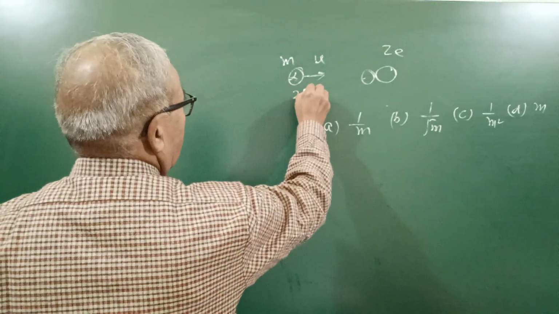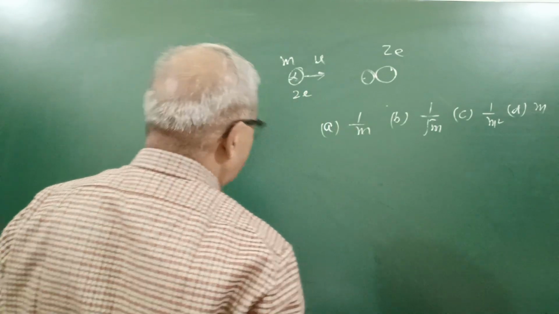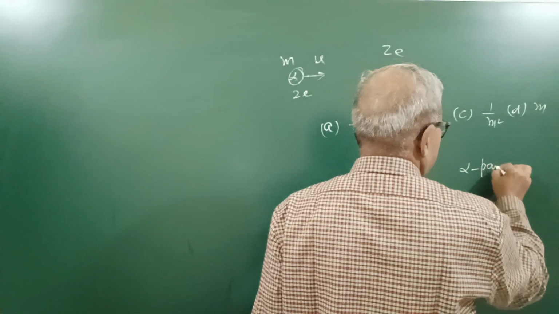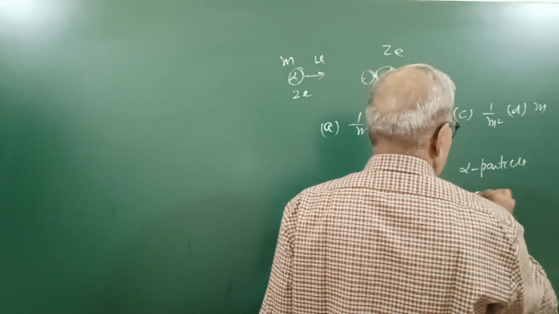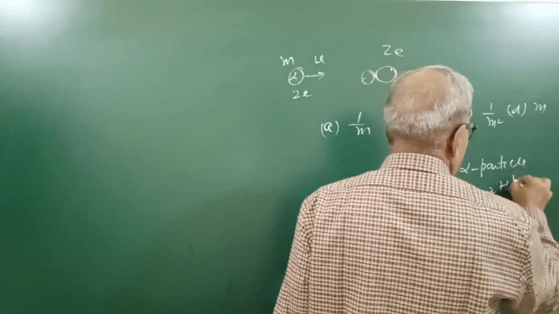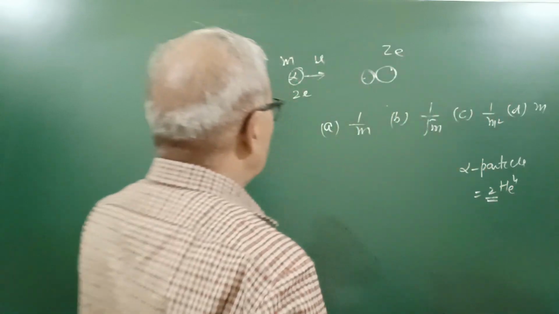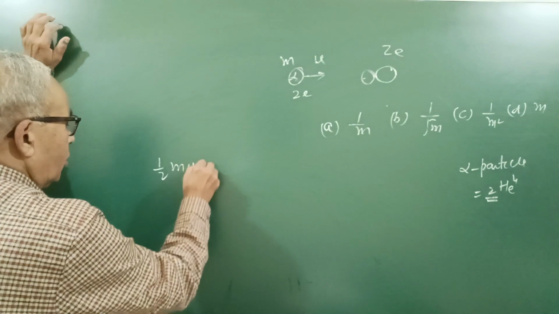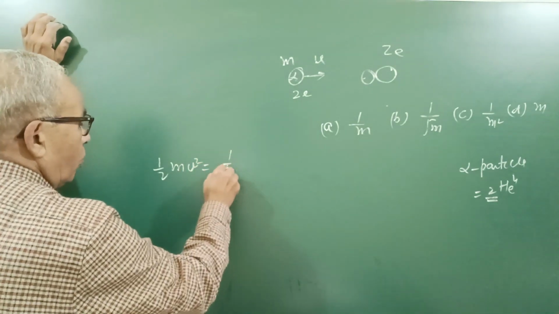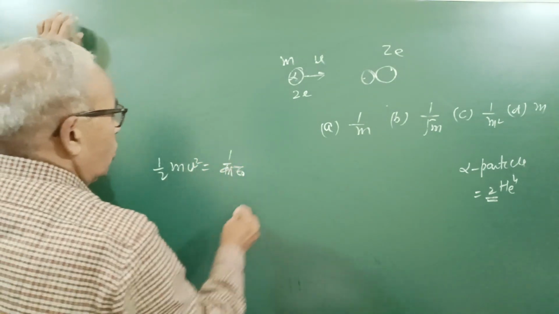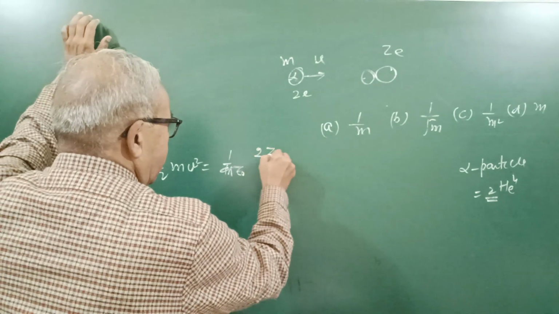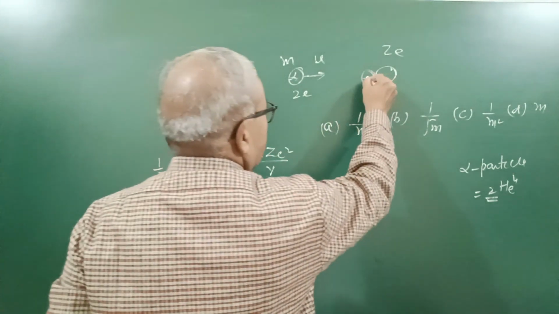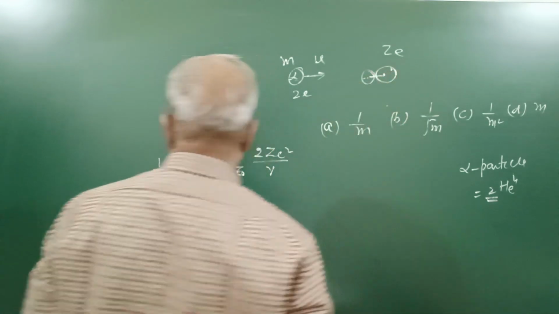The charge of the alpha particle is 2e, since it is 2He4, which has charge 2e. So half mv square is equal to 1 upon 4 pi epsilon 0 times 2Ze square upon r, where r is the distance of closest approach.